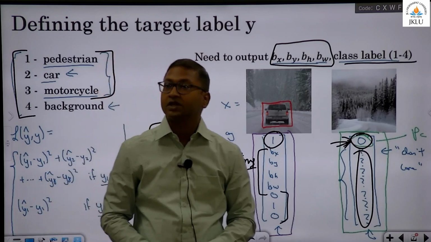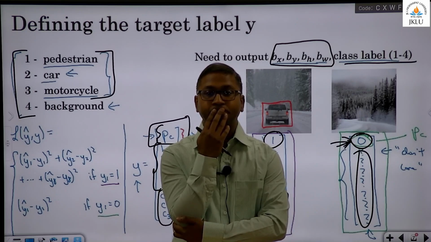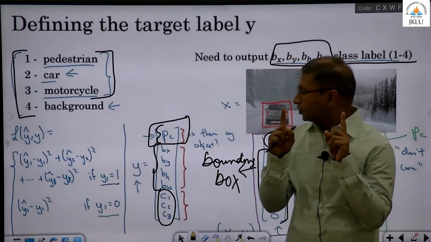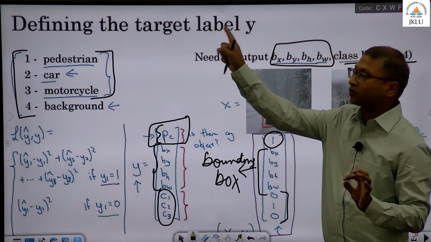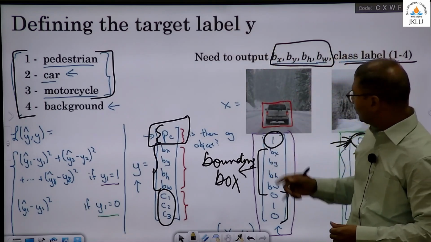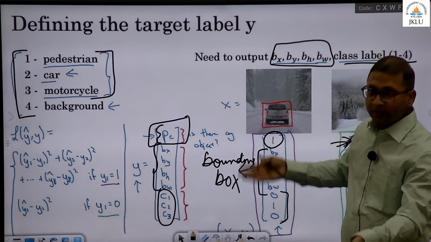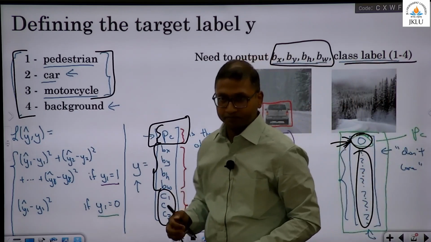Yes, questions here, more questions. So right now we are just taking one image and trying to localize it. If you try to localize multiple objects, that problem is called object detection.